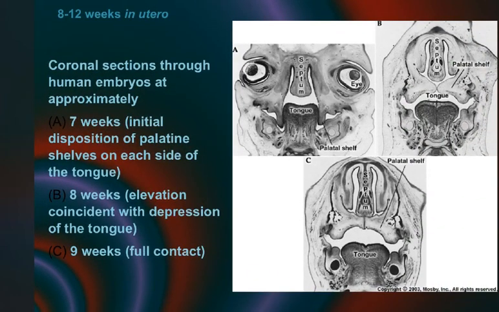Coronal sections through human embryos at approximately 7 weeks: initial disposition of palatine shelves on each side of the tongue, which is here. 8th week, elevation coincident with depression of the tongue. And week 9, full contact, but not yet fusion.